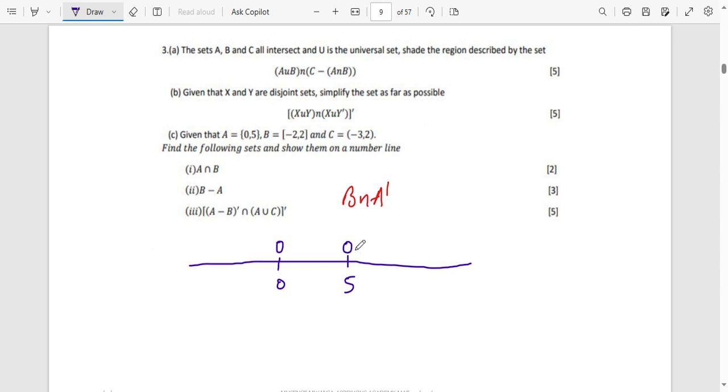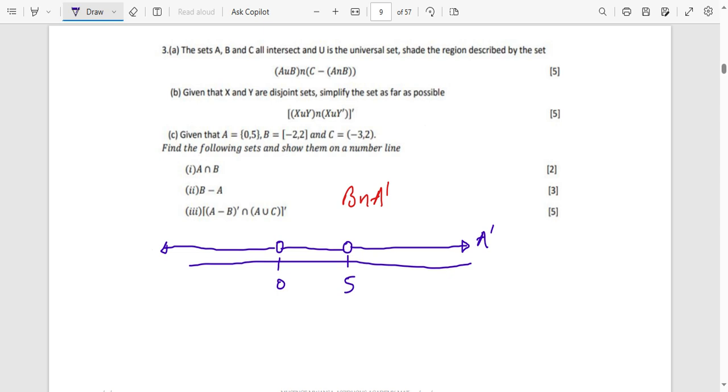But remember, these are not the only elements which will be outside A. Actually, everything else will be outside A. So what I've shaded here is what? A complement. It's only 0 and 5 which are not in A complement because they were in A. All the other elements are going to be outside A, apart from 0 and 5.